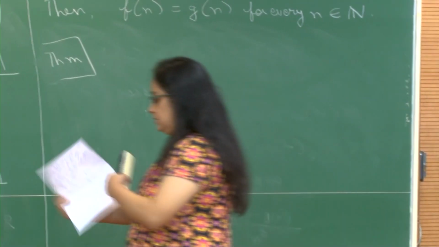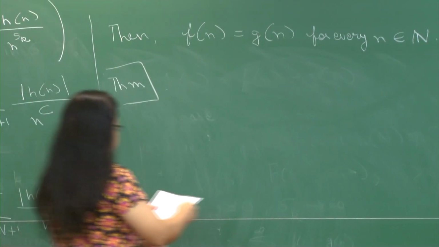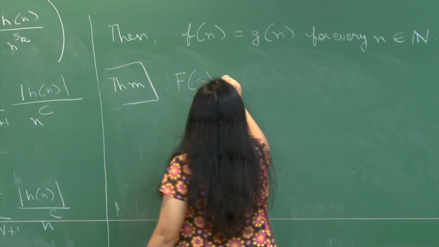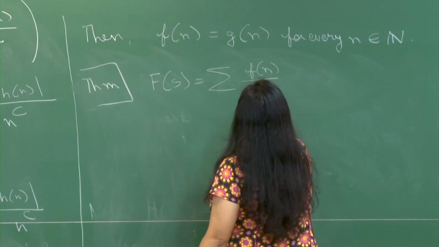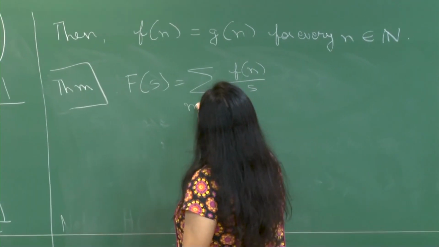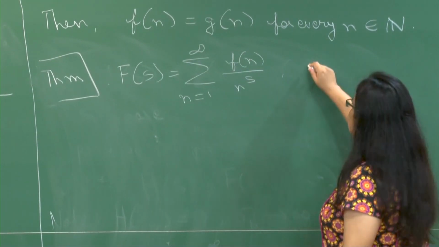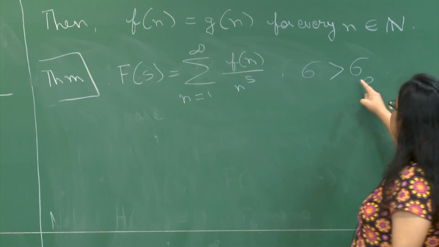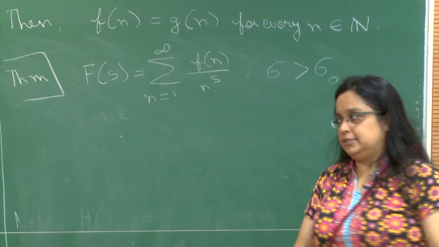So this theorem states that, let capital F of s be the summation of f of n over n raised to the s, and as always we assume that the real part is greater than sigma 0, where the series is absolutely convergent. That is our universal notation.